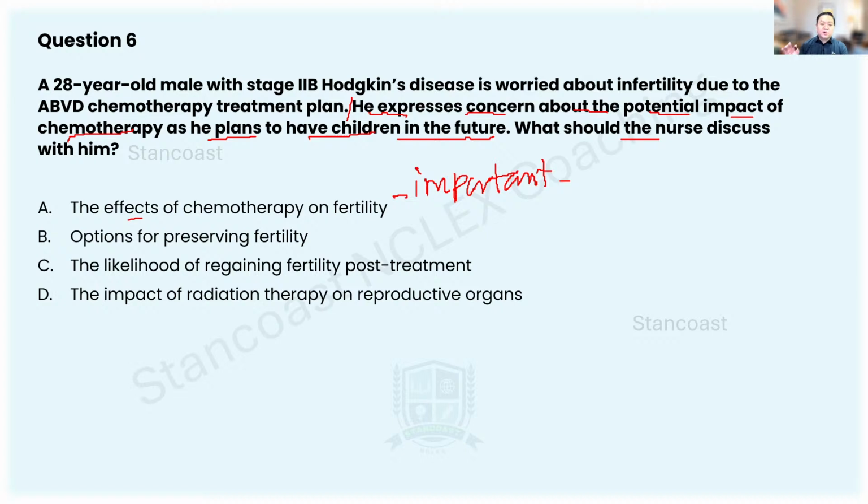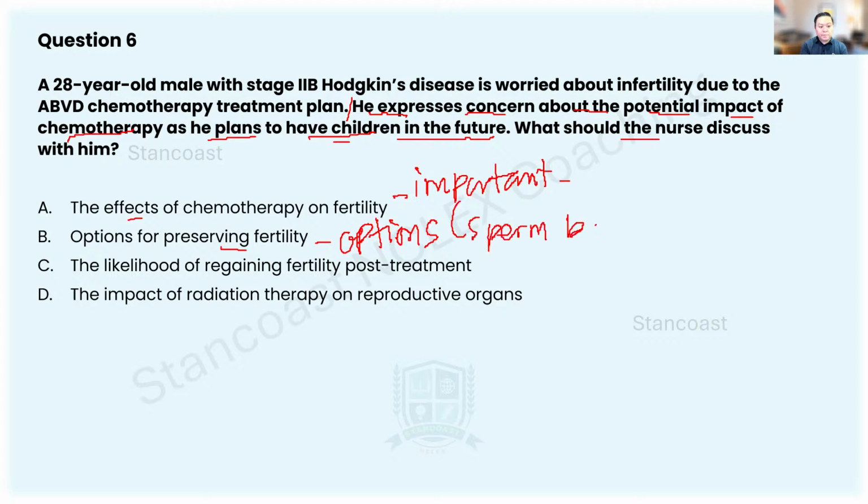However, when we are talking about the patient's concern about having children in the future, what the conversation should have is about preserving the fertility. So we need to discuss the options for preserving fertility. Maybe we're going to include here sperm banking. That's one.